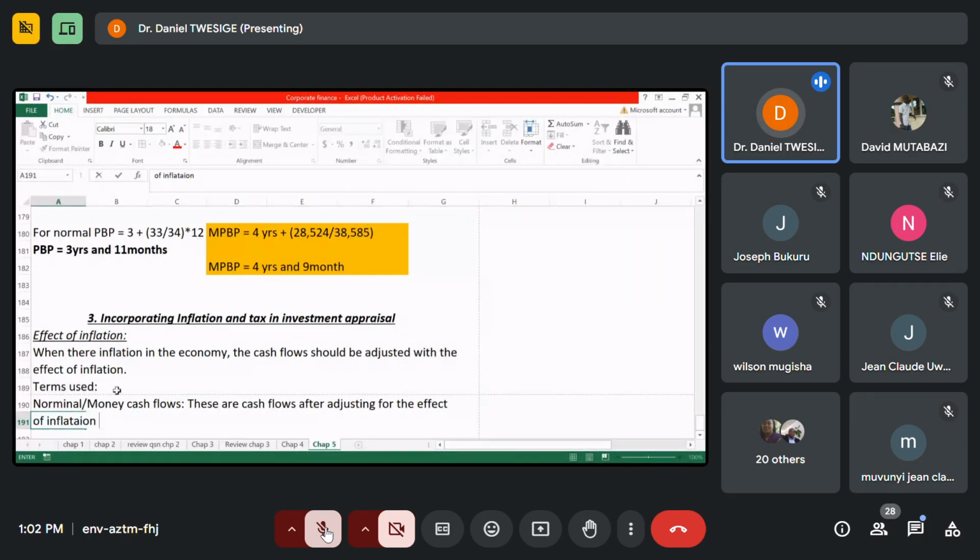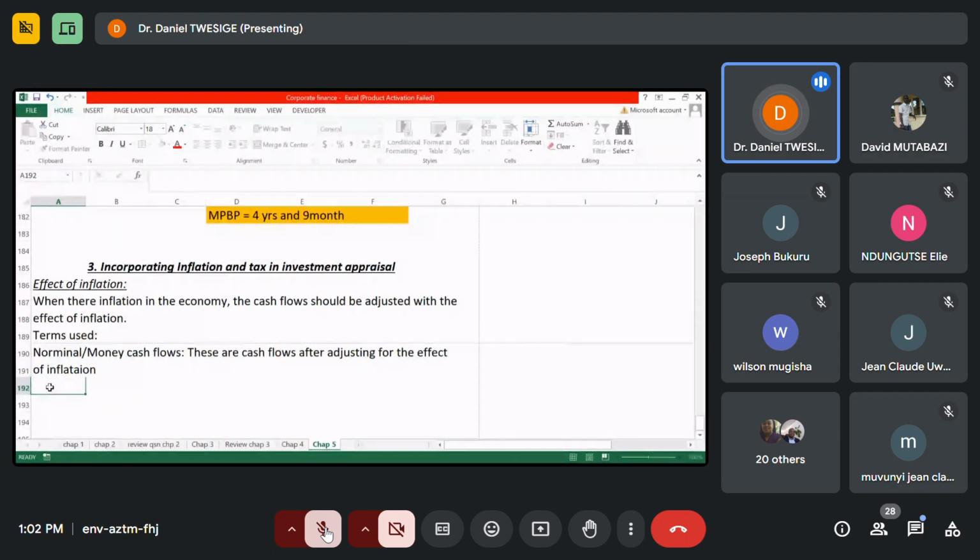That's the first term. Term number two is what's called a nominal rate, or money rate.